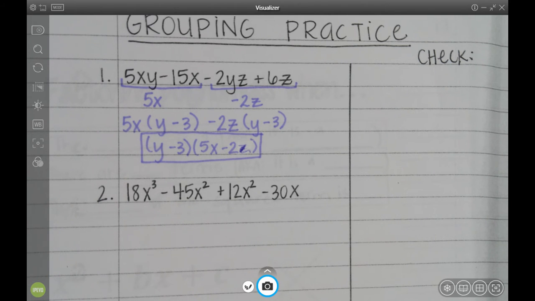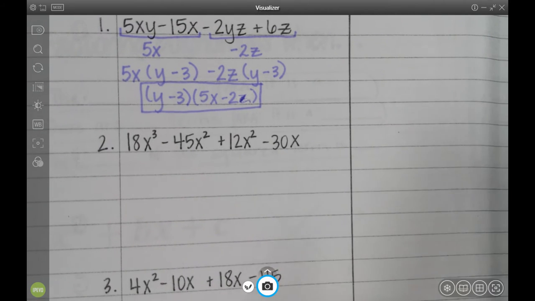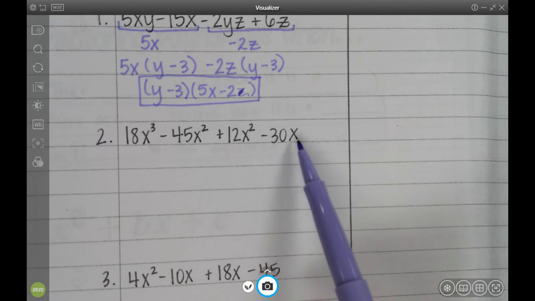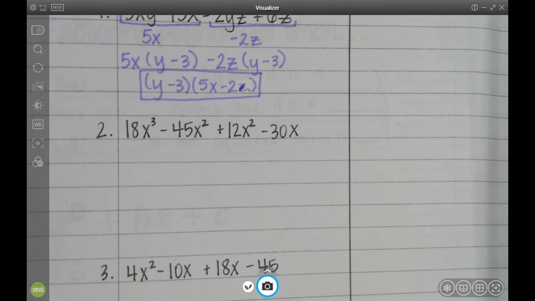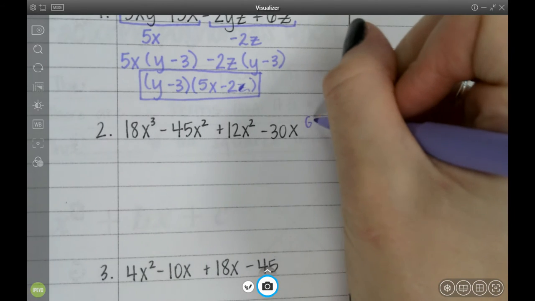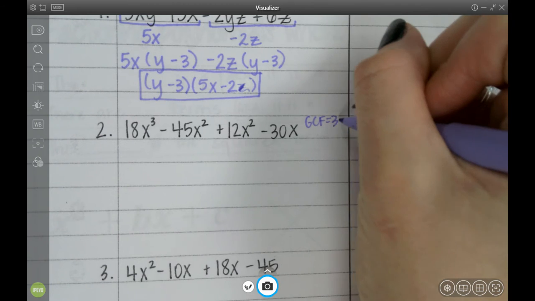Did you guys catch the greatest common factor on the second one? Nice. Okay, the GCF between all 4 of your terms was what? 3x. So your GCF is 3x.